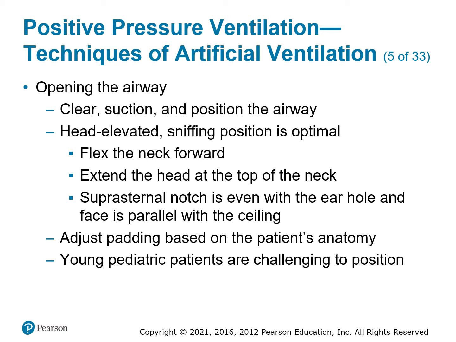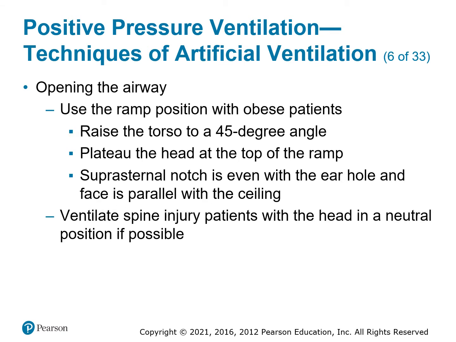Adjust padding based on the patient's anatomy, and if we have children, especially younger infants, it may be supporting the back or just between the shoulder blades and providing that padding there so that we can create that level anatomy. Opening the airway can be a little more difficult in those obese patients.